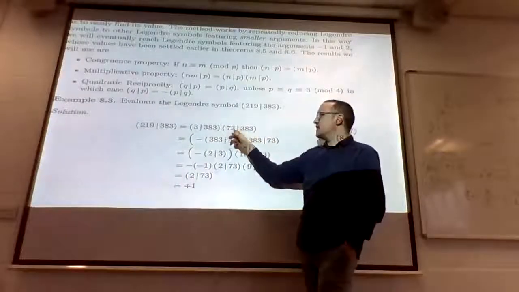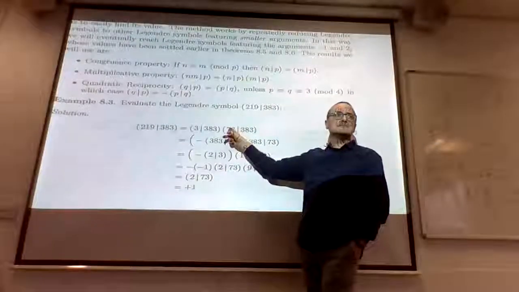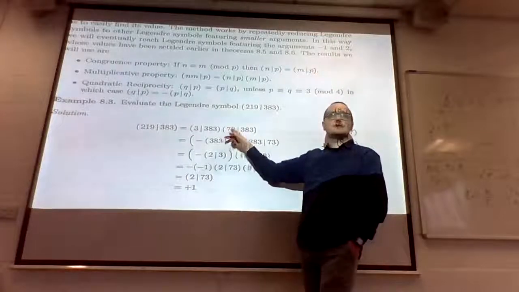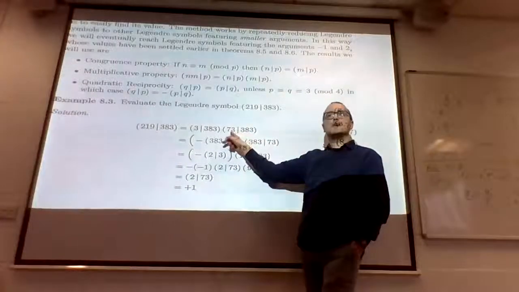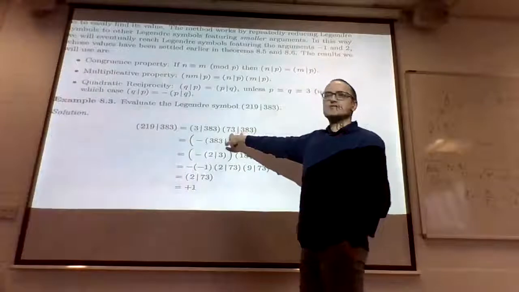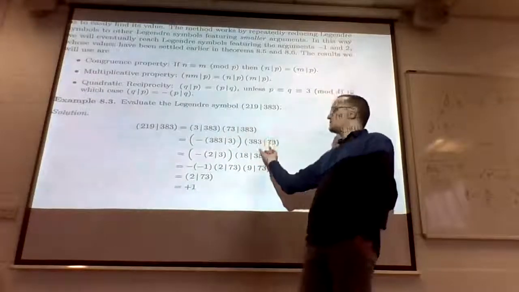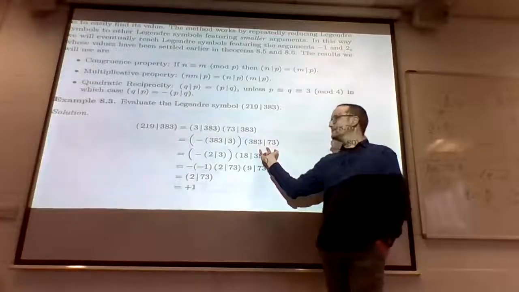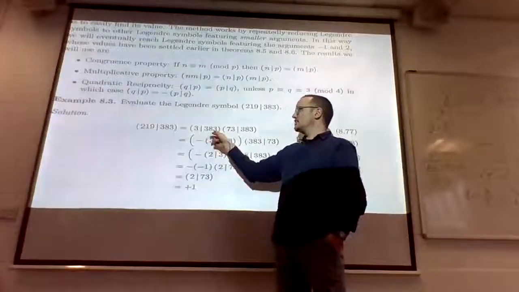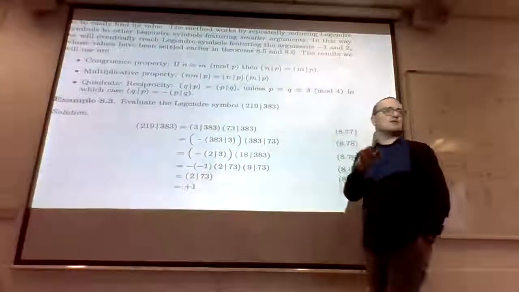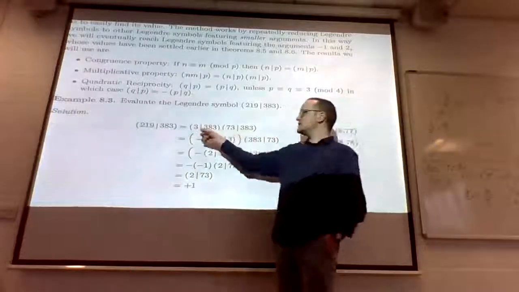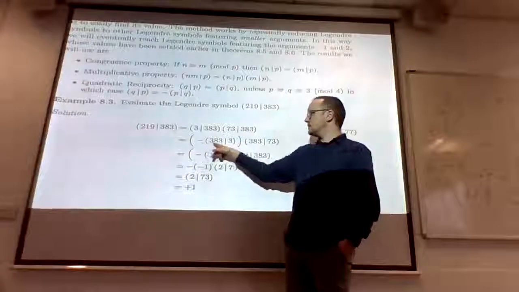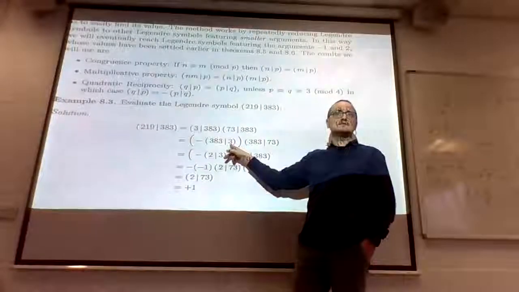Now 73 is congruent to 1 mod 4, since 72 is a multiple of 4. So this Legendre symbol, whatever it is, has the same value as this Legendre symbol. I can flip it. Whereas 3 and 383 are both congruent to 3 mod 4. So the value of this Legendre symbol, whatever it may be, is the opposite of the value of this Legendre symbol.